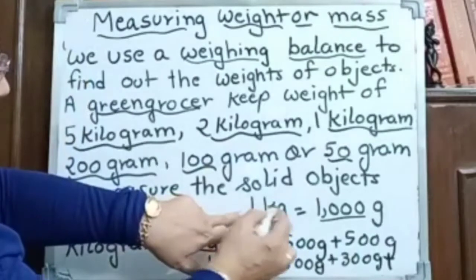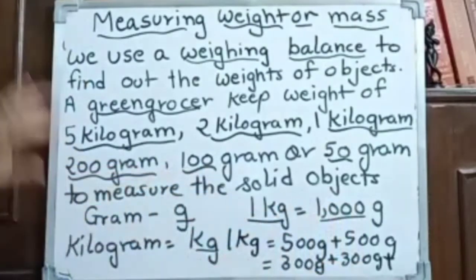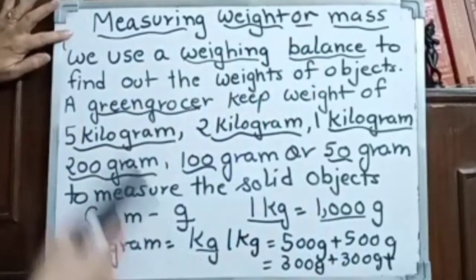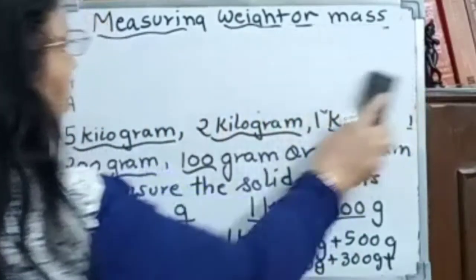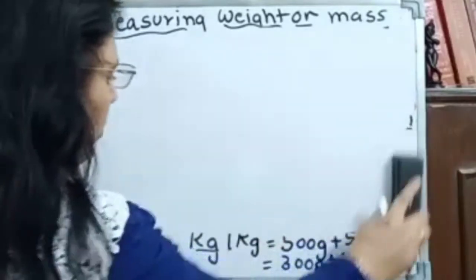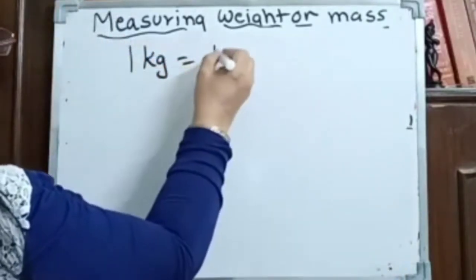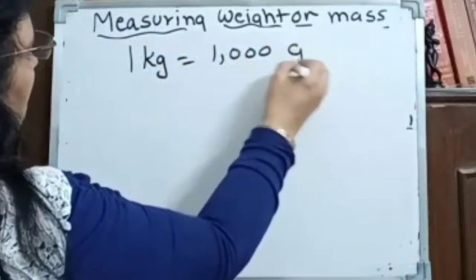When measuring weight or mass, we take kilogram or gram. So 1 kg is equal to 1000 gram.